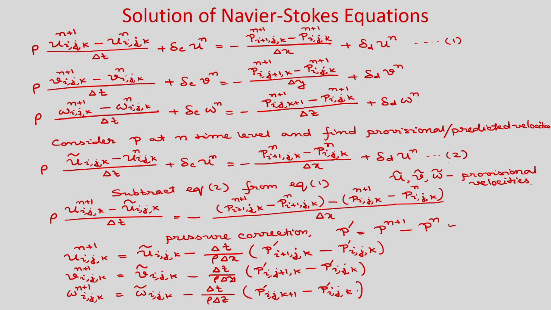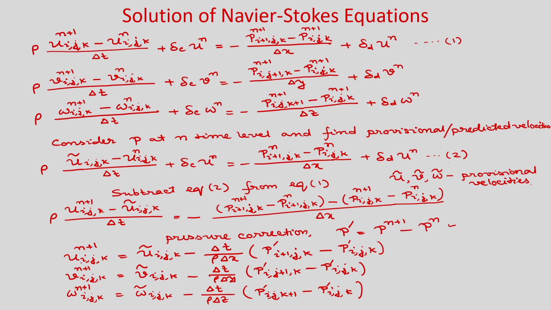Okay. So, you can see that we have found the velocities at time level n plus 1 at point I j k in terms of the provisional velocity and the pressure correction term. So, you can write these u I j k also at other grid points: u I minus 1 j k, v I j minus 1 k and w I j k minus 1.